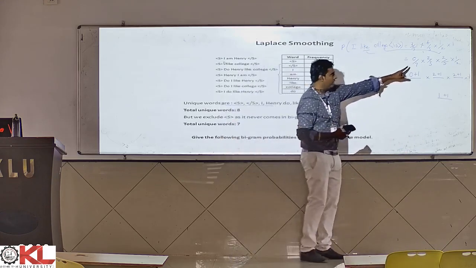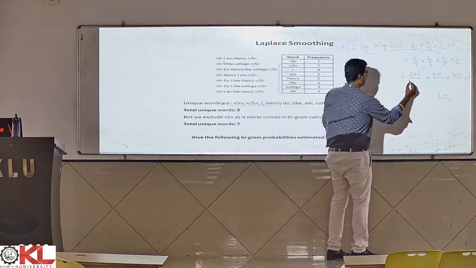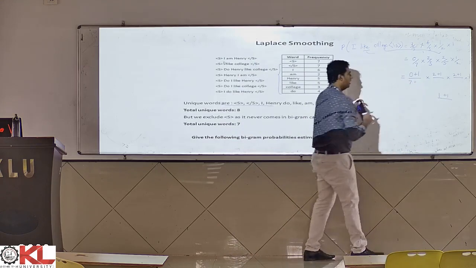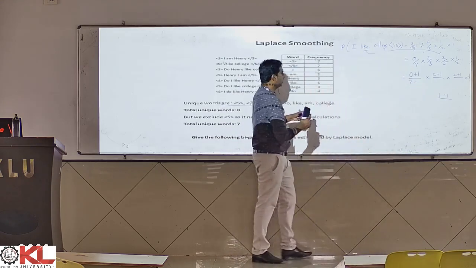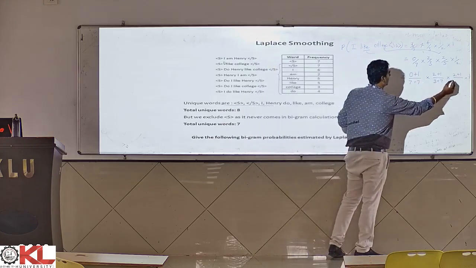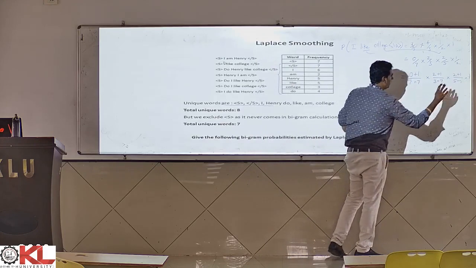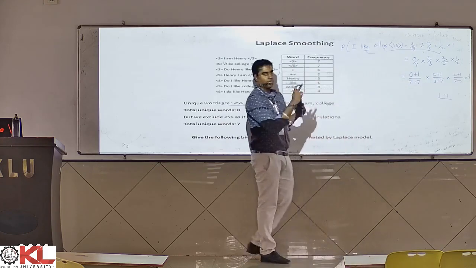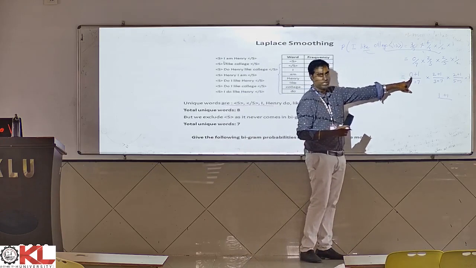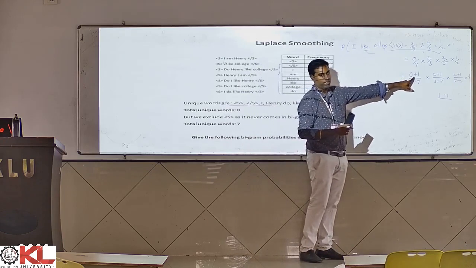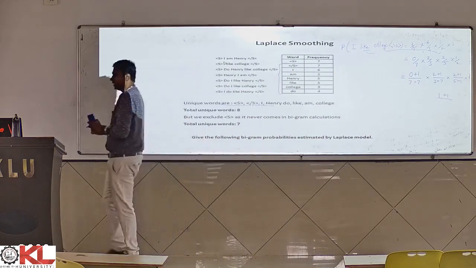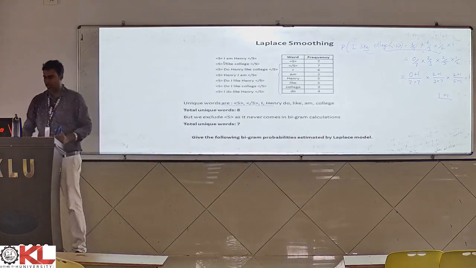Already 7 comes for the individual word, and you have to add the unique words. How many unique words are there? 7. Similarly every case: 3 plus 7, 5 plus 7, and so on. Now in the numerator the 0 disappears, it becomes 1. This kind of method we call Laplace smoothing.